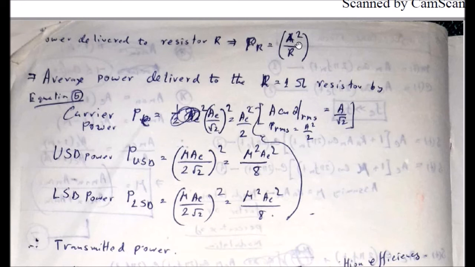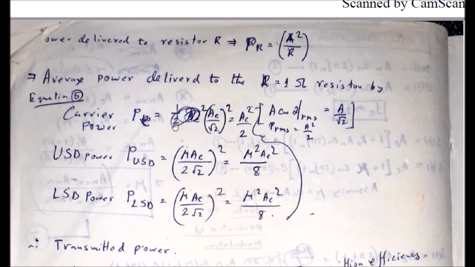Okay. If you want to find out the RMS value of the power, then what will be that? This A value will be A_C by root 2. If you consider the carrier signal's amplitude is A_C, A_C by root 2 will be the RMS value of that particular amplitude.